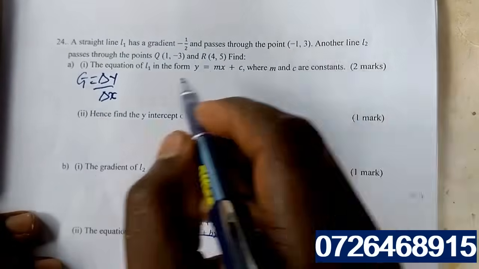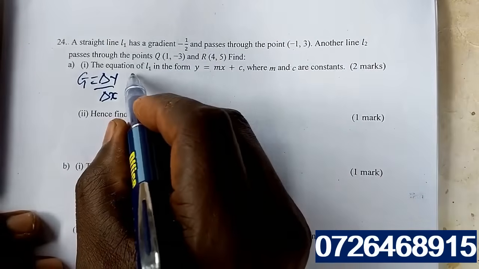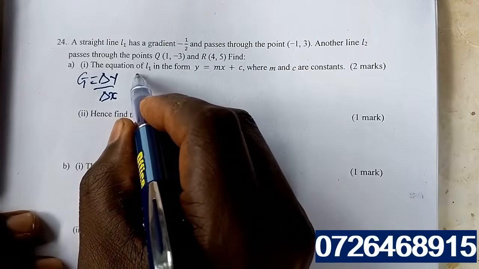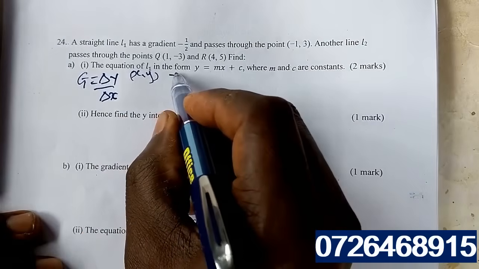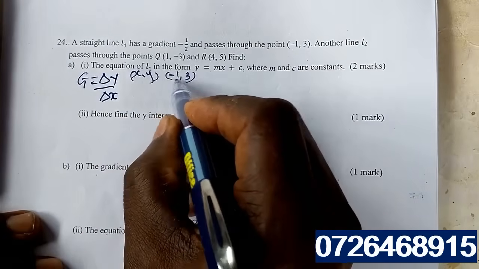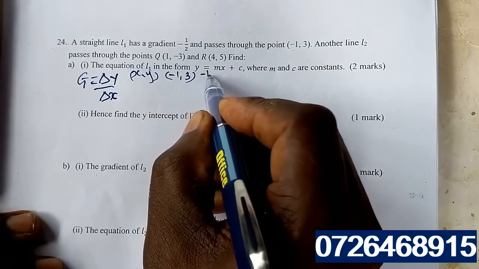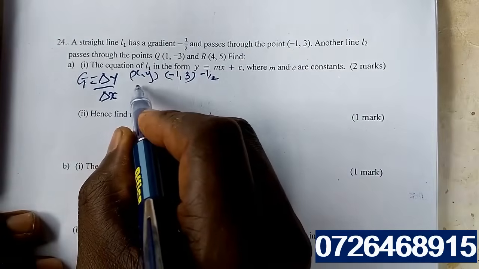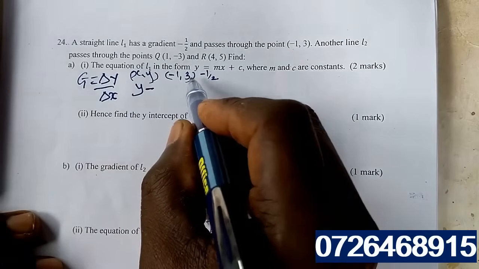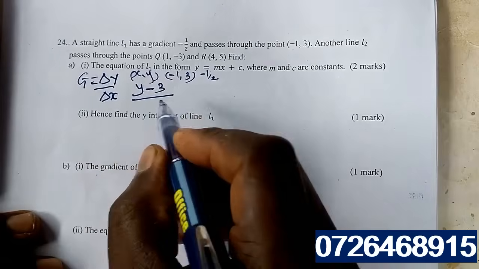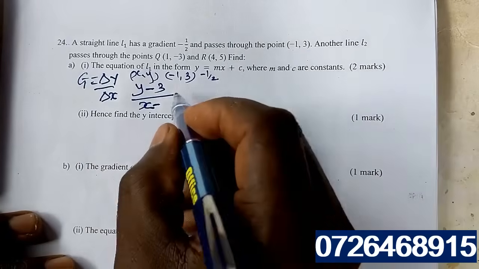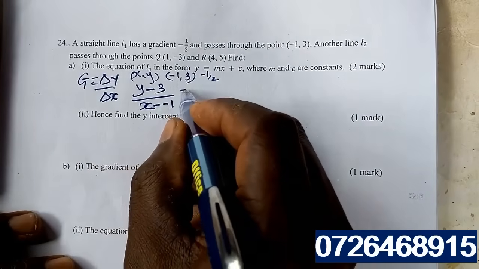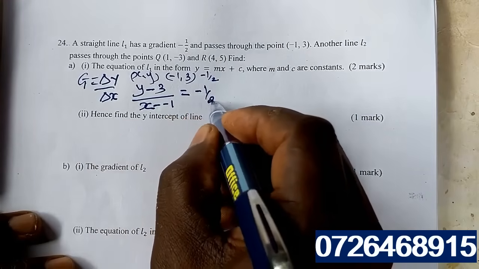So we take the general point, which is x and y. The point we have is minus 1, 3, and our gradient is negative a half. So change in y, we say y minus 3 divided by x minus 1. The answer is going to be negative a half.